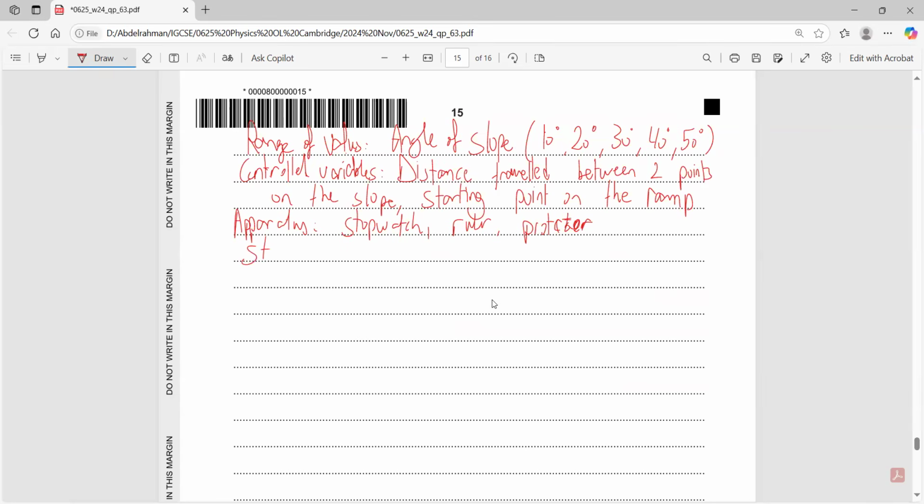Now, the steps: release the trolley from a fixed point on the slope. And then measure the distance traveled and the time taken.